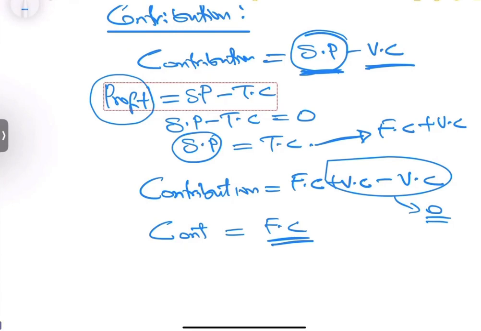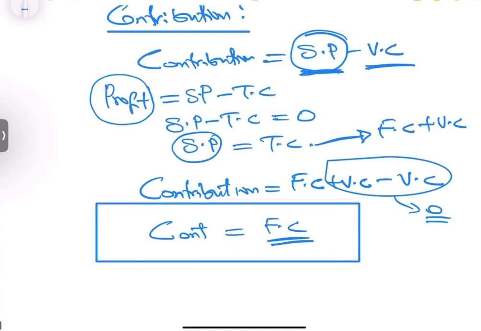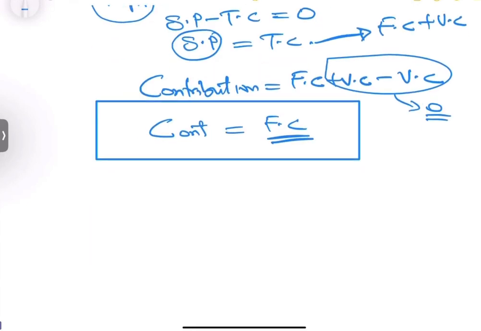Probably this is the most important thing you need to know at break even, because that is what we're going to be using. And what does it mean? Even when you're trying to calculate profit, your profit is the same thing as contribution minus fixed cost.